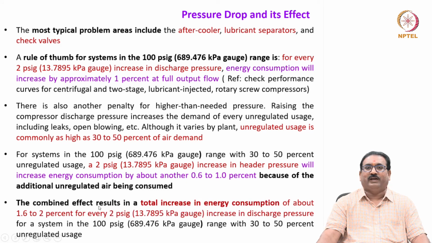So the combined effect results in a total increase in energy consumption of about 1.6 to 2% for every 2 psig increase in discharge pressure for a system in the 100 psig range with 30 to 50% unregulated usage. See how much energy we are wasting.